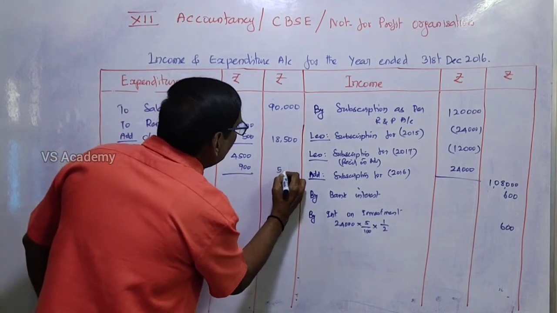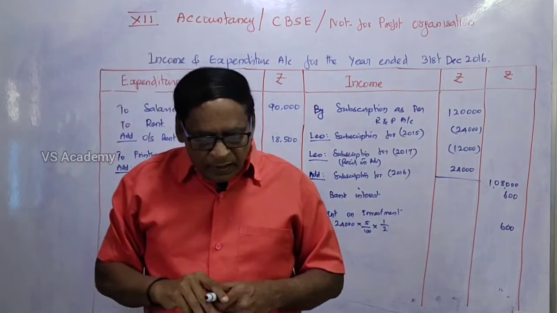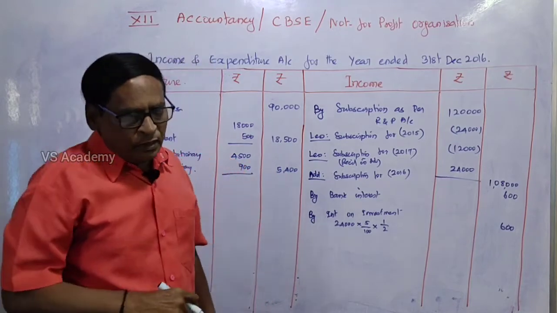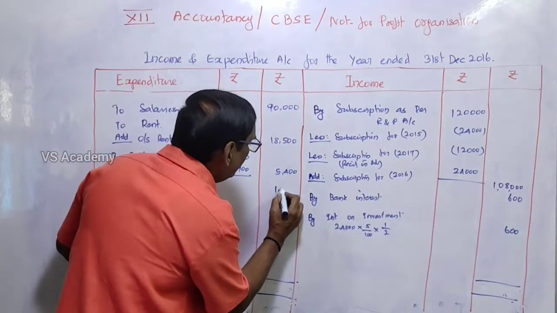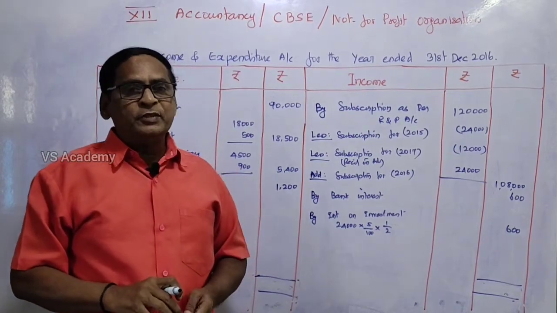So 5,400 rupees. Understand? Next item, postages. There is no adjustment. 1,200 for postages.